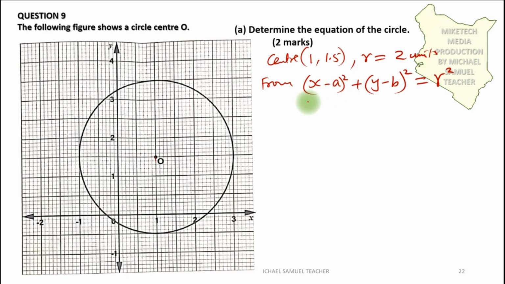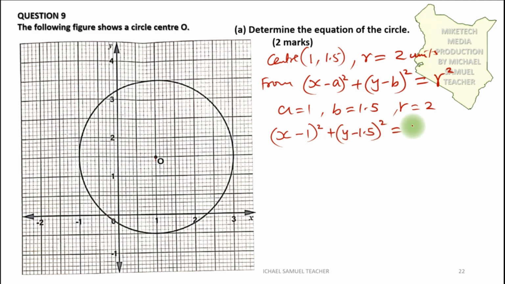In our case, (a, b) is the center of the circle, and a is 1, b is 1.5. So we can substitute into this equation, and also r is equal to 2. We shall get (x minus 1) squared plus (y minus 1.5) squared is equal to 2 squared.